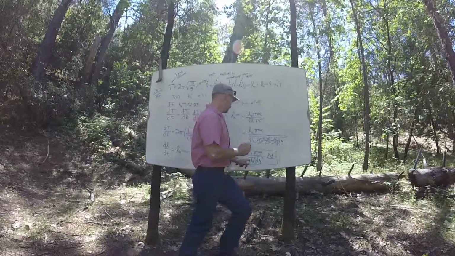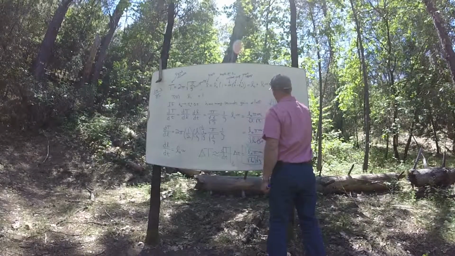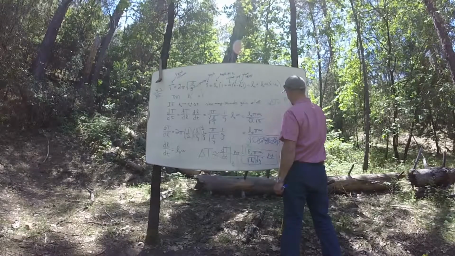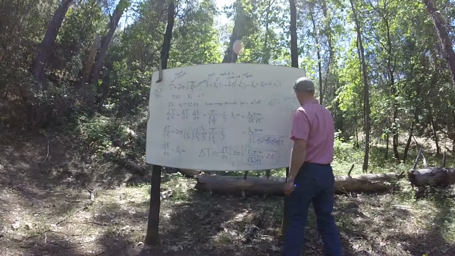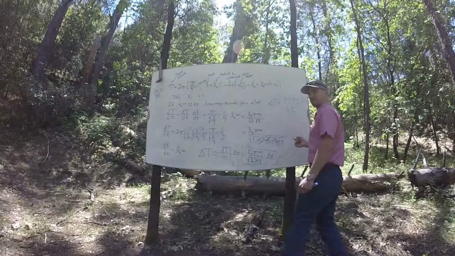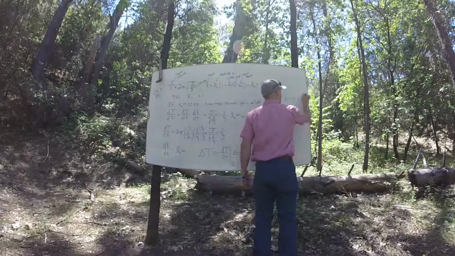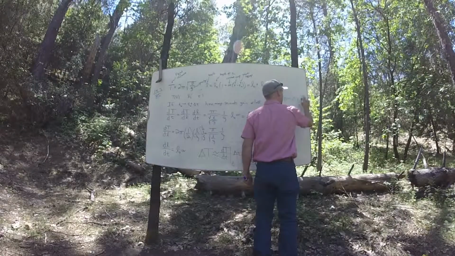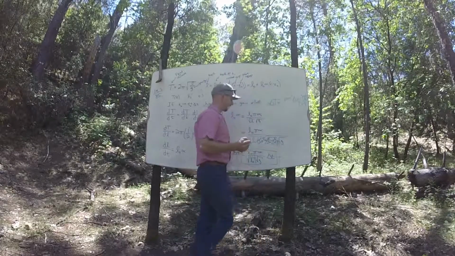So my result here, my change in time, is pi alpha delta t over the square root of G over L naught. Let me put that in the top. It's this times the square root of L naught over G. You guys with me on that?